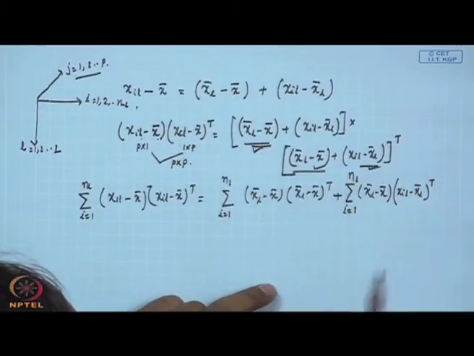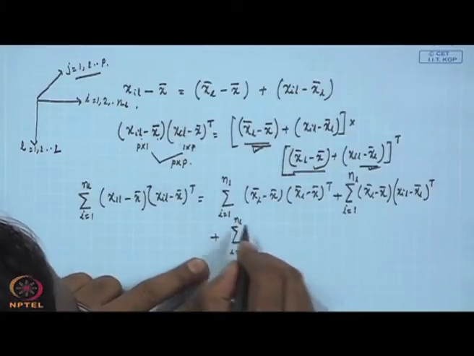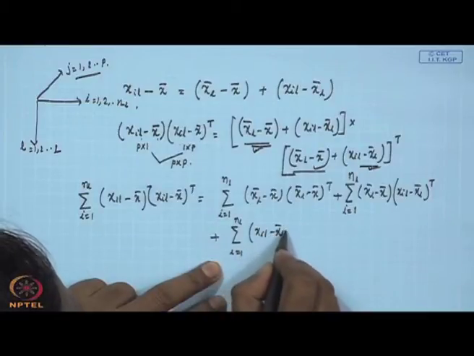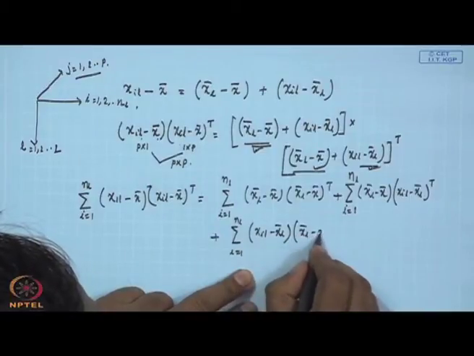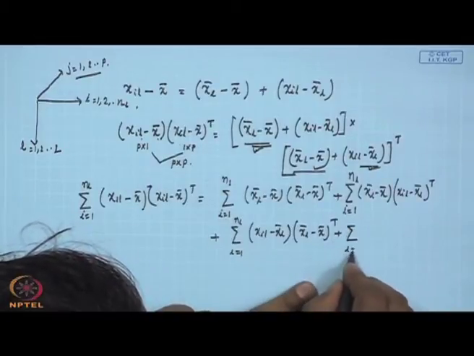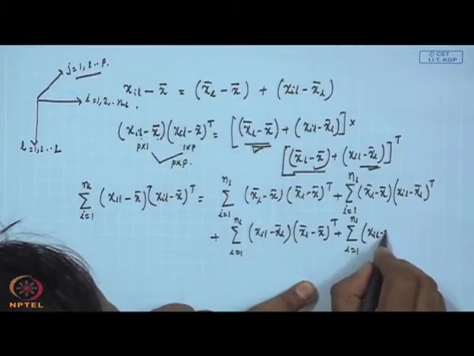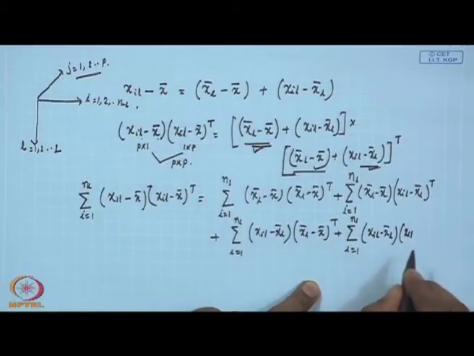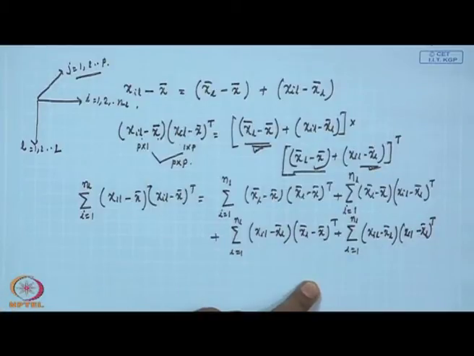Then plus the sum total of i equal to 1 to n_l of (x_il minus x_l bar)(x_l bar minus x bar) transpose, plus the sum total of i equal to 1 to n_l of (x_il minus x_l bar)(x_il minus x_l bar) transpose.